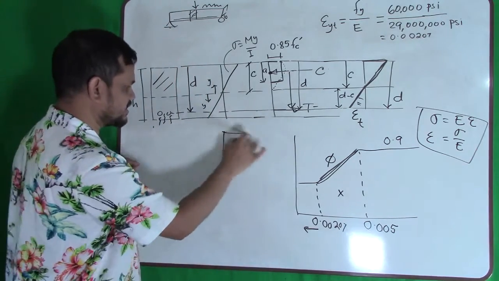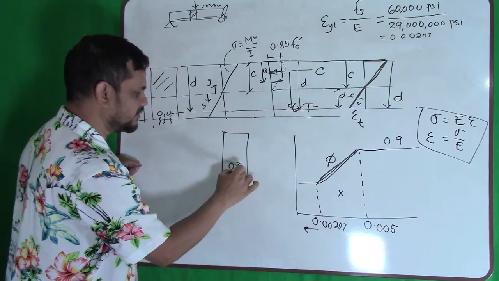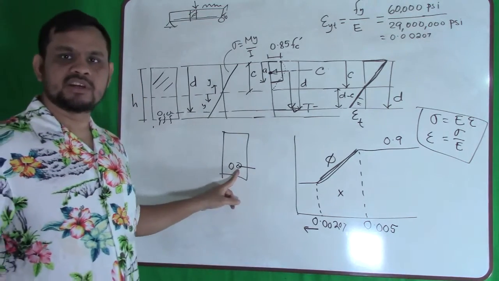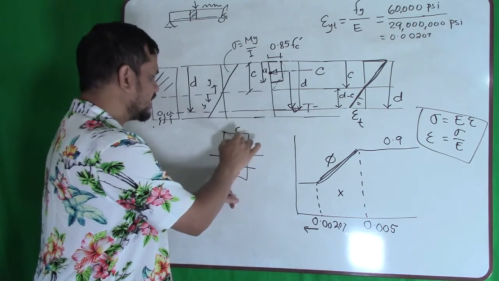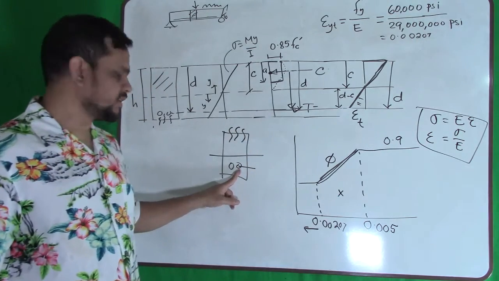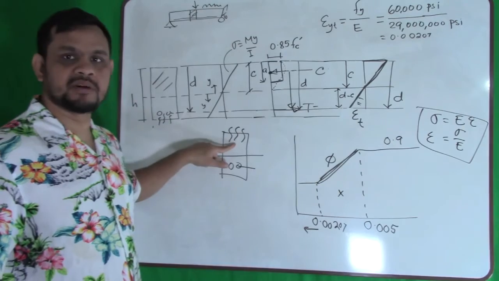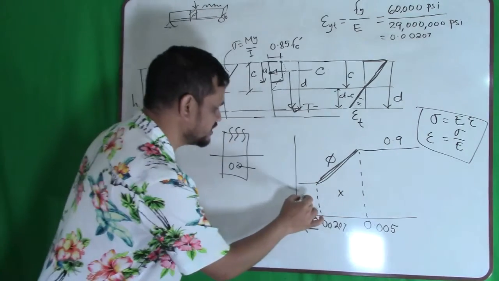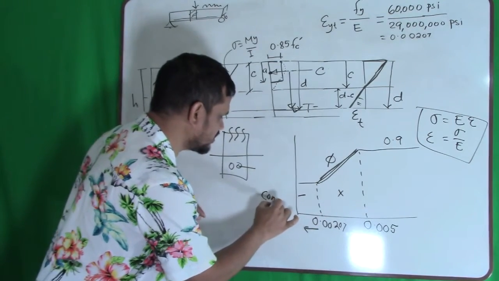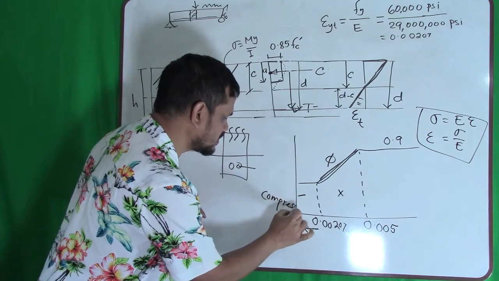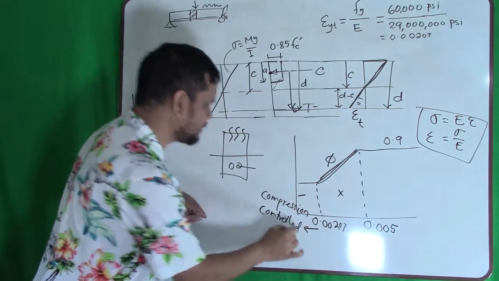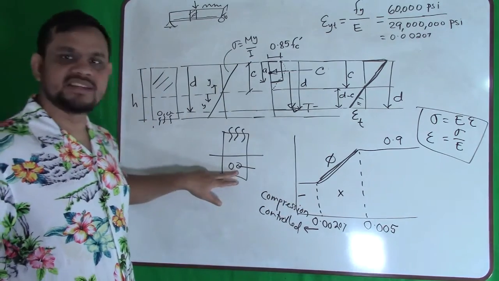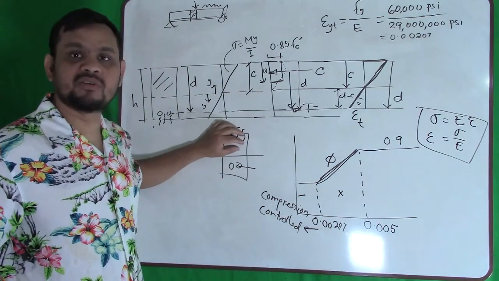So in my section, if your steel does not yield, then my failure will be here, and concrete might fail. This region is called compression control. My steel did not yield, so failure will be in compression.